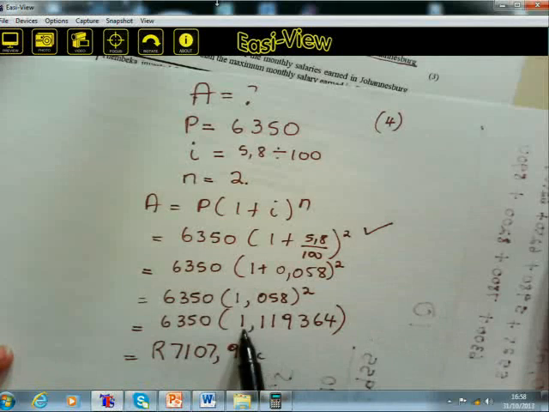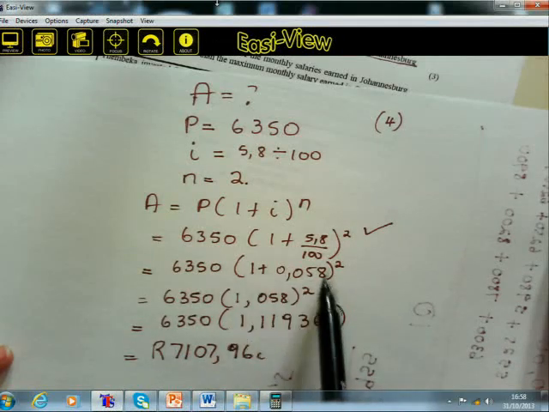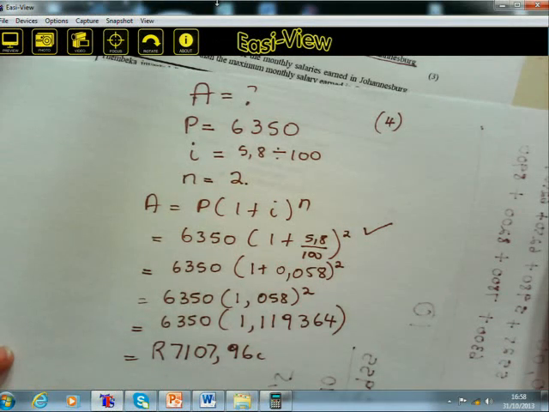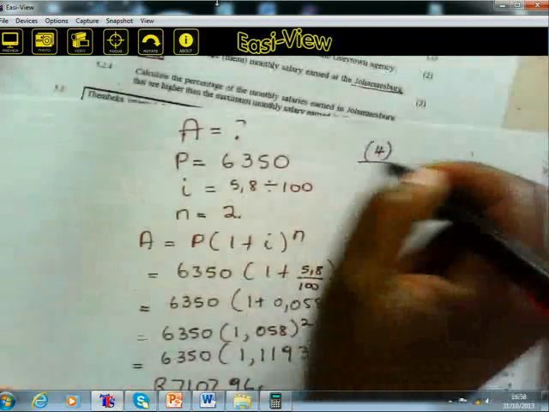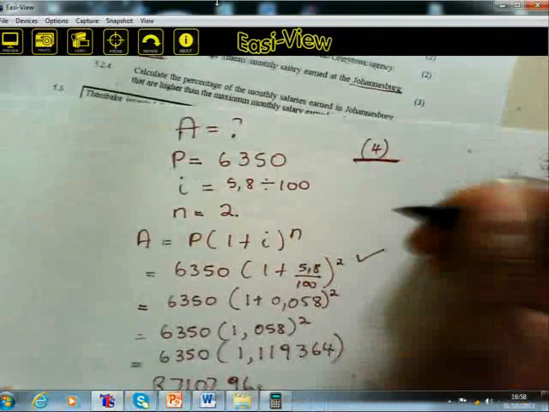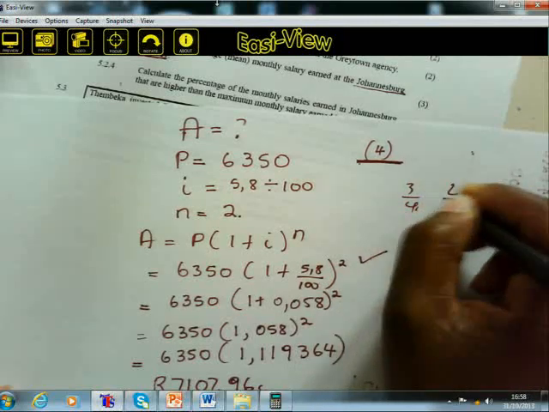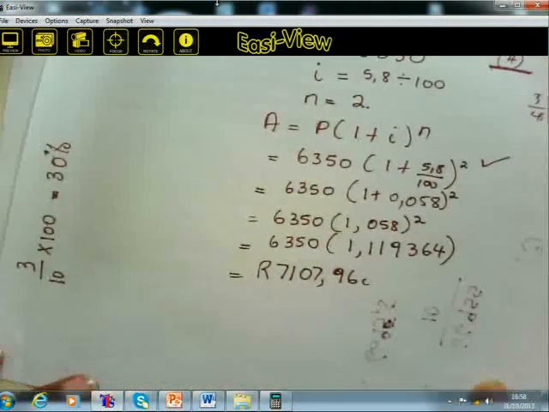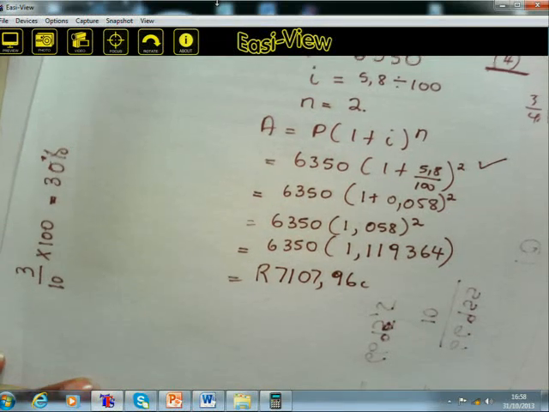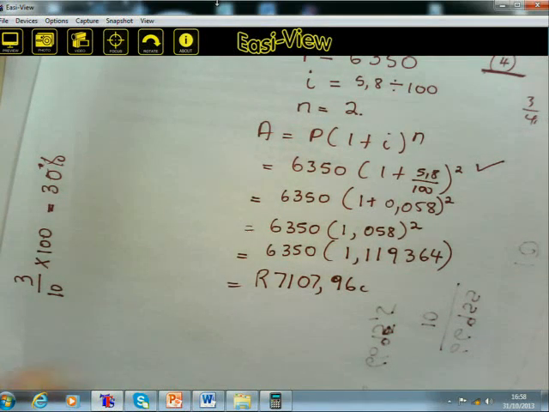So this is your answer. But if you started rounding earlier, your answer will definitely not be the same. And instead of getting 4 marks, maybe you'll end up getting 3 over 4 or maybe even 2 over 4. So make sure that you round where? Only at the final answer in all the questions.